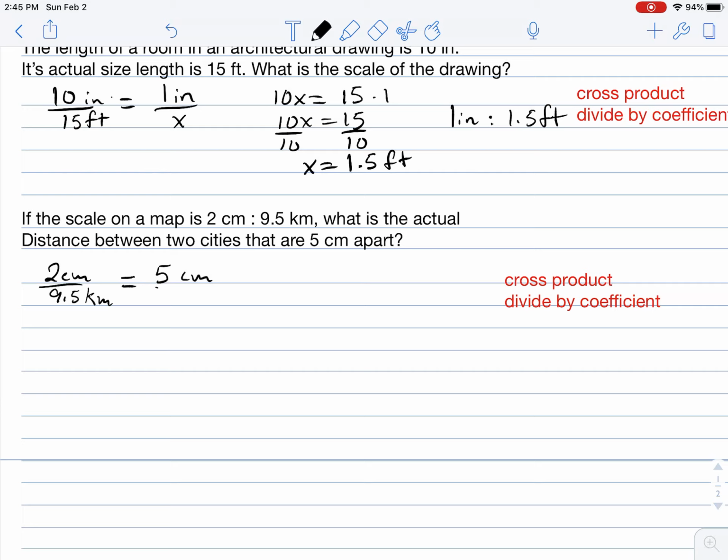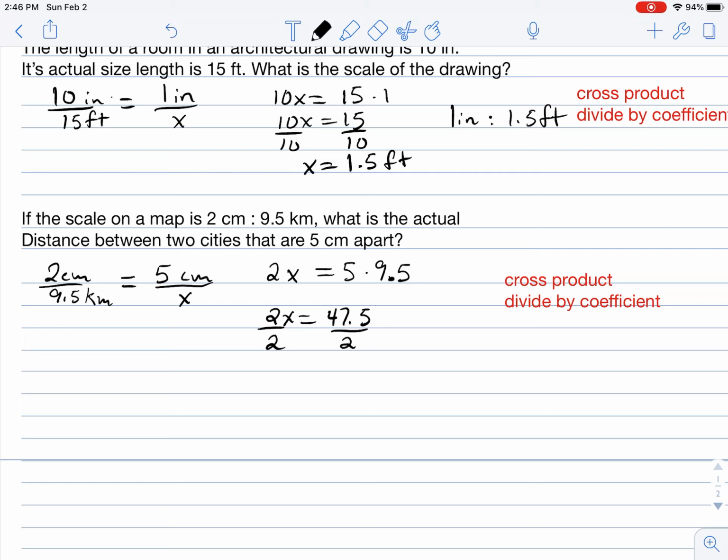Once again, my numerators are going to refer to the drawings, and then the actual is going to be below. So take the cross product, and we've got 2x is equal to 5 times 9.5. It's going to be 2x is equal to 5 times 9 is 45, plus 5 times 0.5, that's another 2.5. So that would be 47.5.